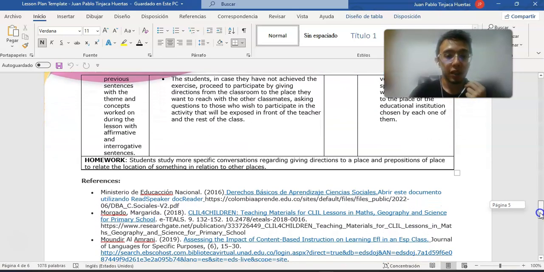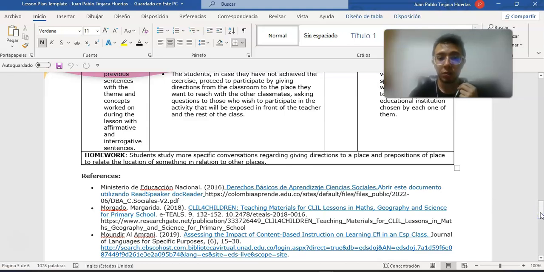And the last part will be the homework. The homework is to study more specific conversations regarding giving directions to a place and using prepositions of place. That means adding all the vocabulary that we learned during the lesson. The students will try to make a conversation to provide information about a specific location using prepositions of place.